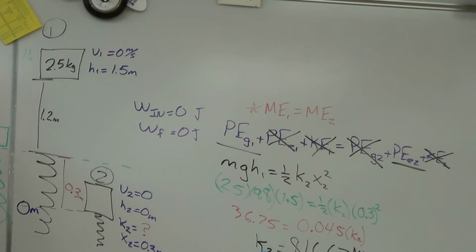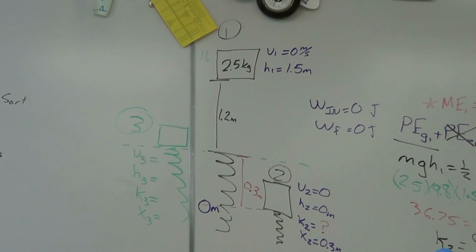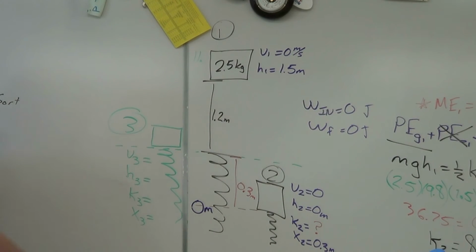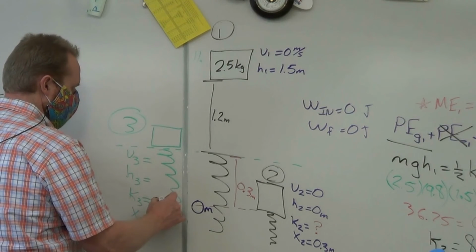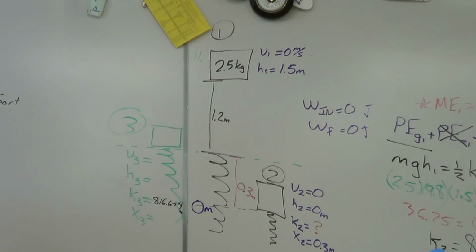So the key is, right before it compresses the spring, how much is that spring compressed? For spring stuff, does this spring have a spring constant? Yeah, we just calculated it. It's 816.67 newtons per meter. But how far is that spring compressed right before it touches the spring?